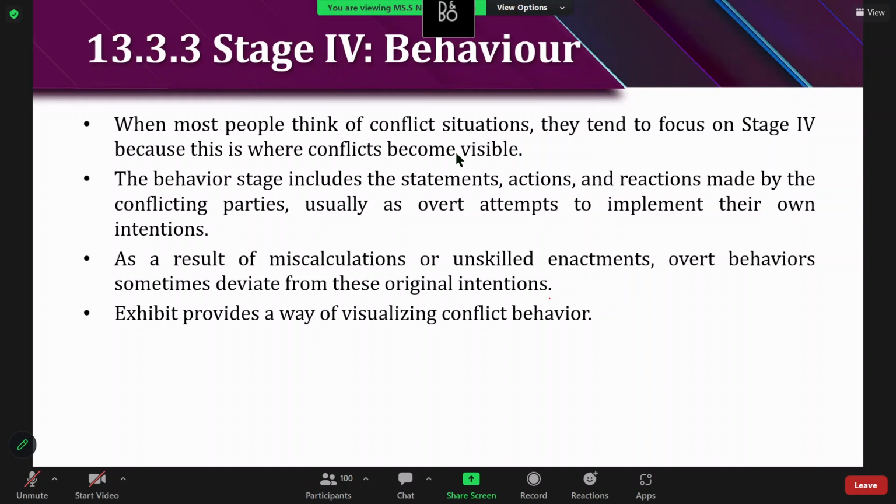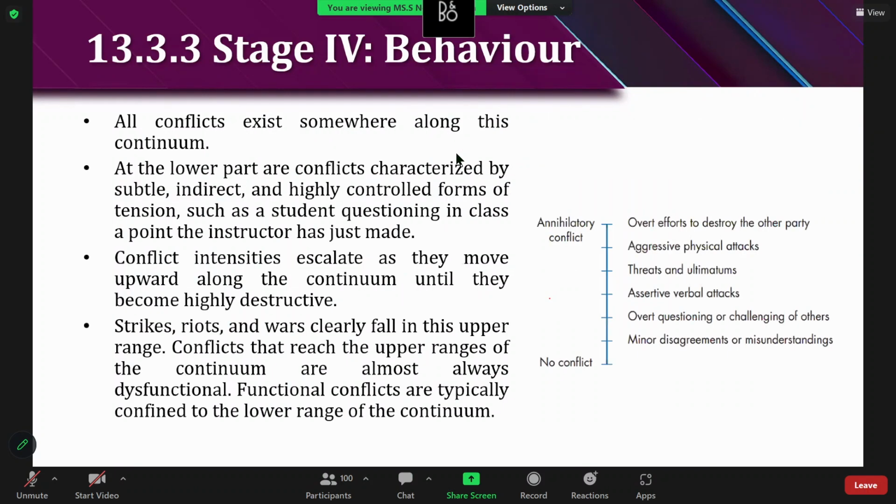So we can visualize these conflict behaviors as follows, from annihilatory behavior to no conflict. When the conflict is really high, they will be engaging in certain kinds of behaviors, and when the conflict is at a very low level or minimum, they will be engaging in other kinds of behavior. So we can range those behaviors on a continuum.